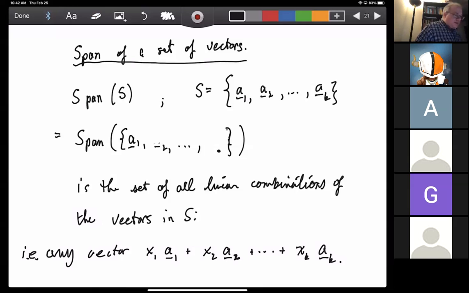And there's a pretty direct geometrical meaning here.